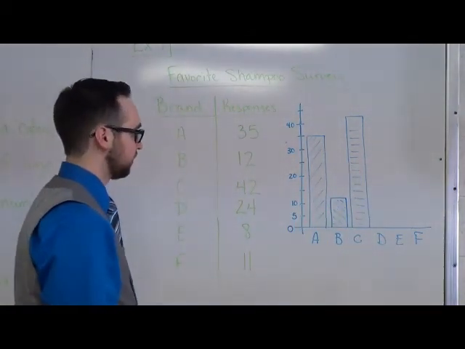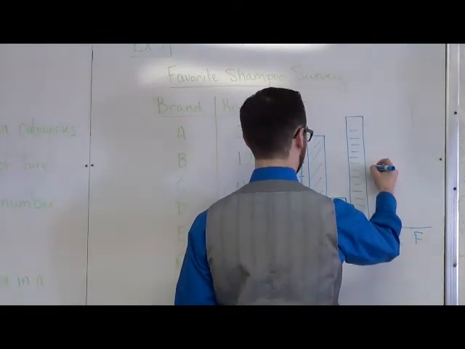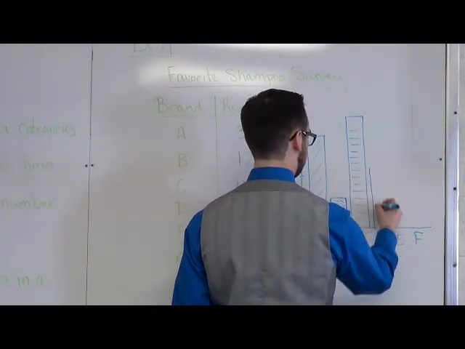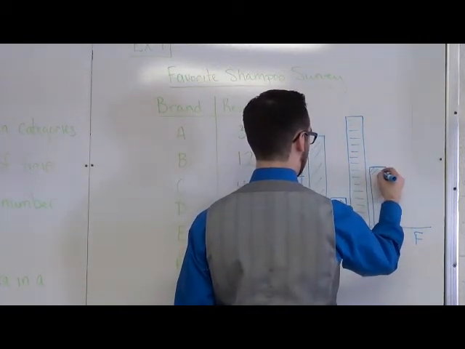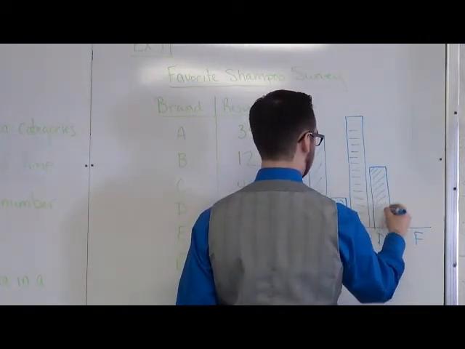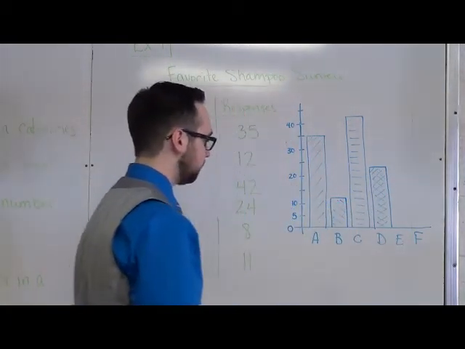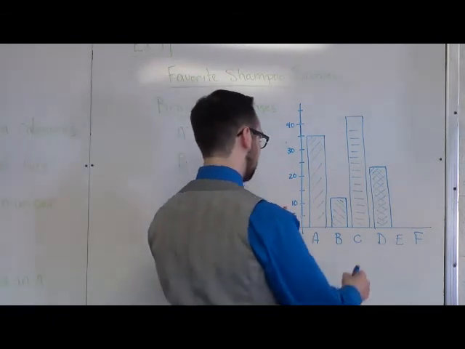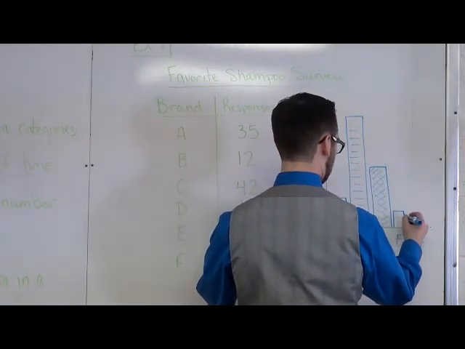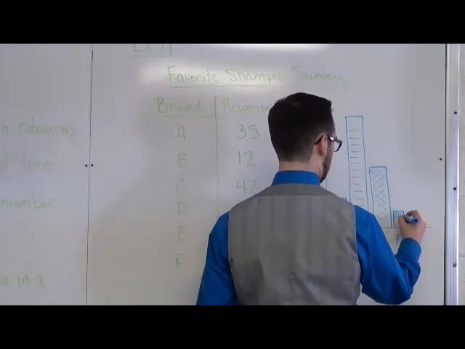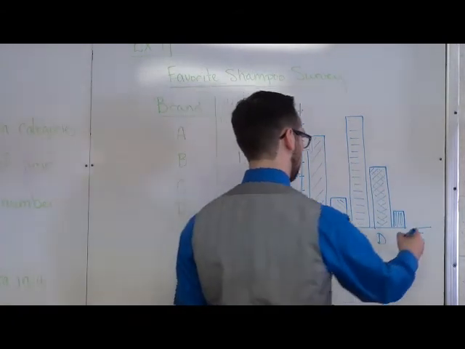So that's C. And then D, we're down to 24, so it's almost to 25. E, we're only at 8, so not quite even to 10. And then F, we're at 11, so just above 10.